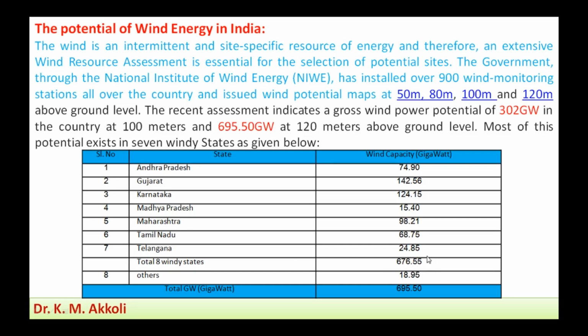And all the remaining states have a potential of about 18.95 gigawatt. Together, the 7 states and all other states, the total wind potential in India is 695.5 gigawatt of power. This is the potential of wind energy in India.